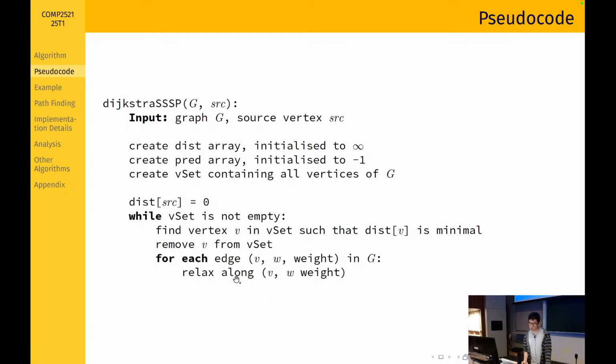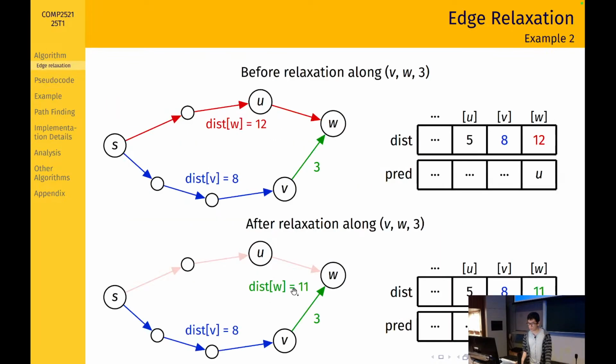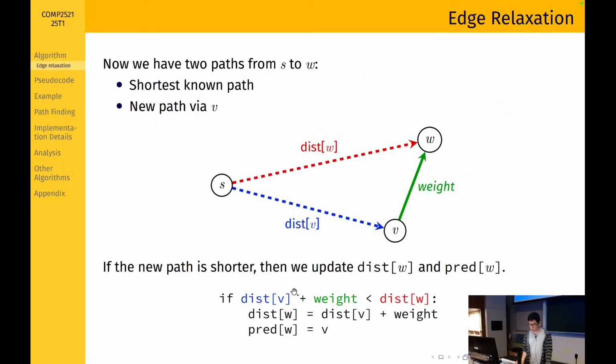And by relaxing along that edge, this is what we do, right? So we check if this new path from S to W via V is cheaper than the currently known shortest path to W.